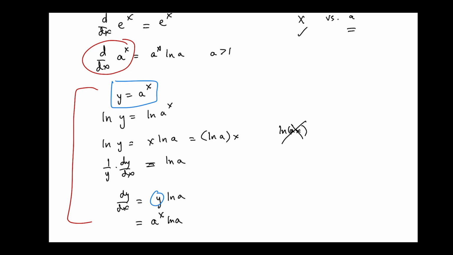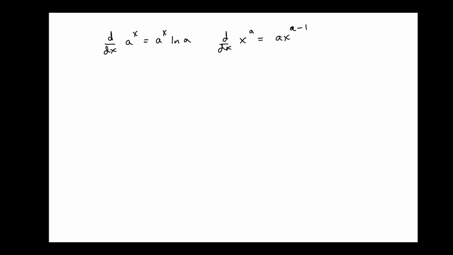Good? Okay, so let me write down two basic rules that we've already seen. The one on the left is exponentiation, the one which is what we just derived. The one on the right is the power rule.